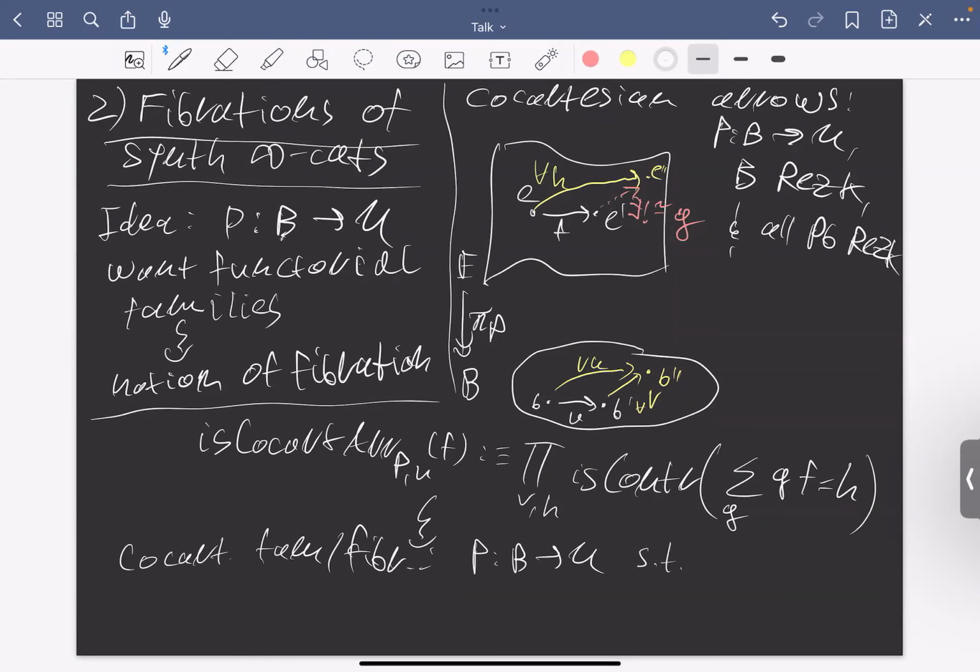So it's this assumption that I've written here that I'm not going to copy, such that for all arrows U in the base with a point in the fiber over the domain, there exists a co-Cartesian lift.